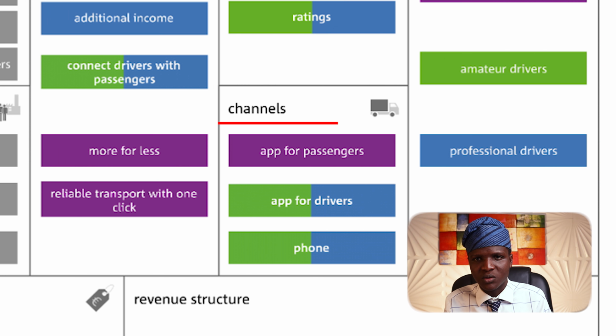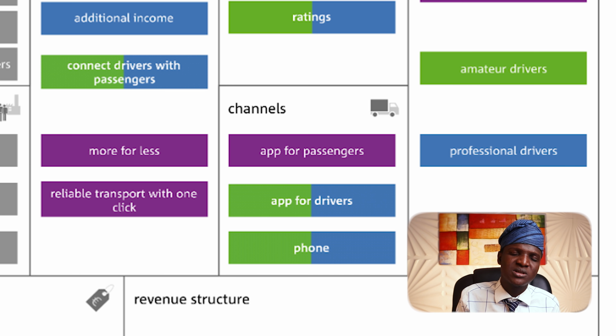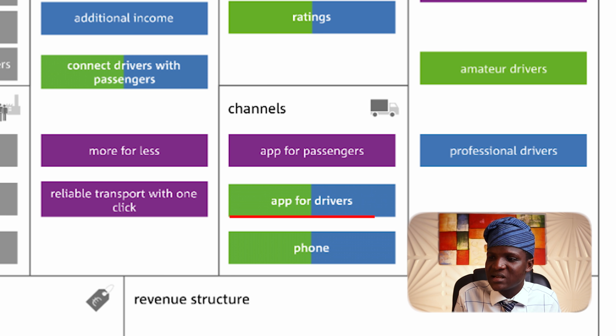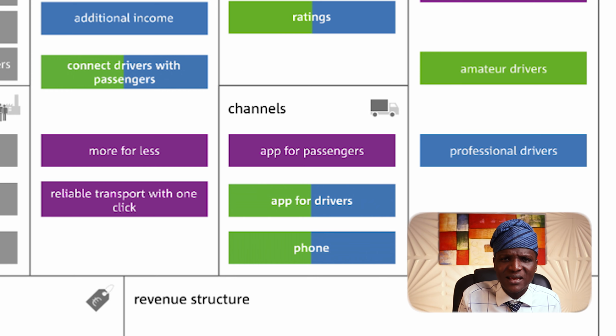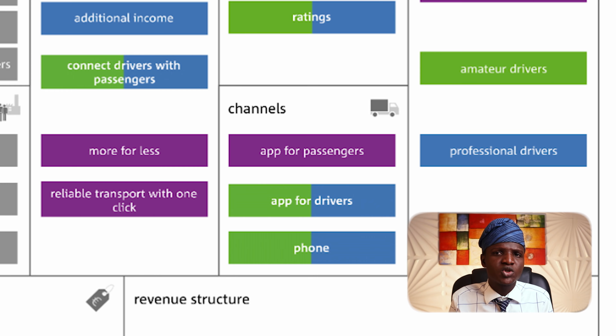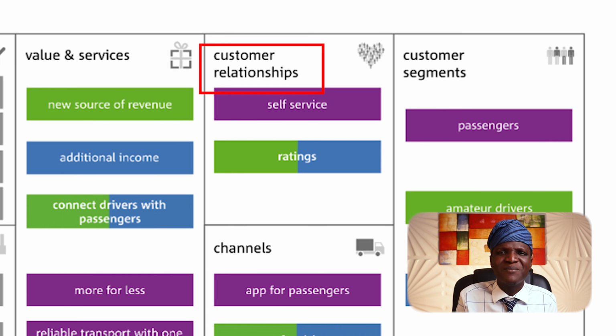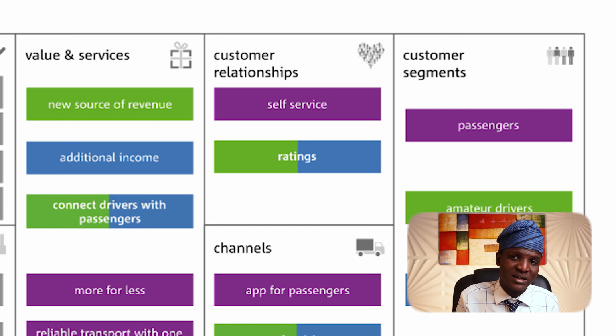And the next part of it is what we know as channels. The channel Uber is using to reach out to people is the app for their passengers. And for the drivers, they are also using the app. And also for the same drivers, they can easily put a call through to them if, God forbid, any driver starts misbehaving. I hope you are getting it. Now, we also have customer relationship. How are they maintaining customer relationship with their customers?